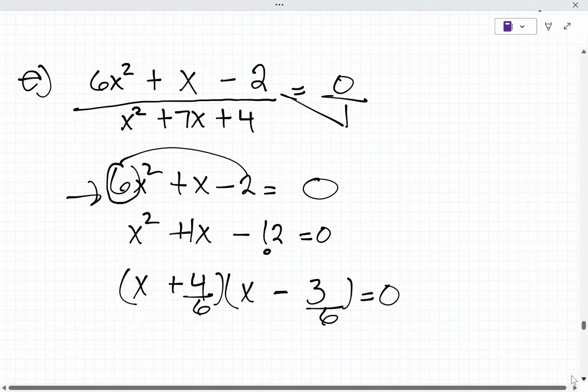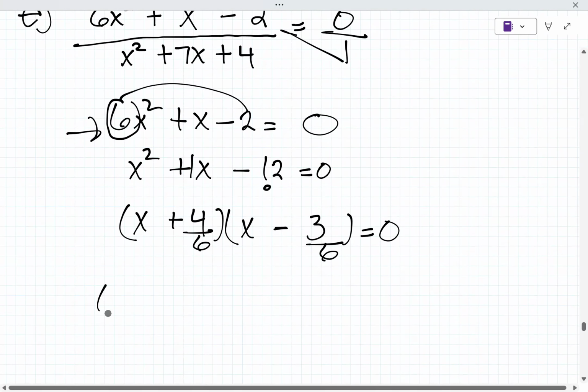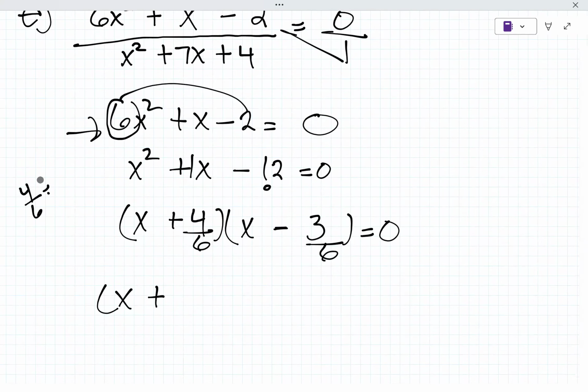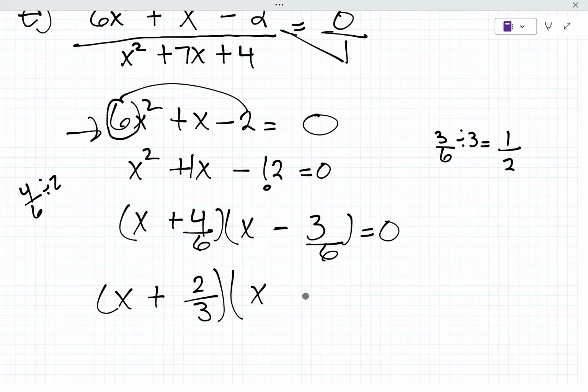This time it can be reduced. So starting with the 4 over 6, it can be reduced by 2, so that would be 2 over 3. And then the same thing with the -3 over 6, it can be reduced by 3, so that would be -1 over 2.